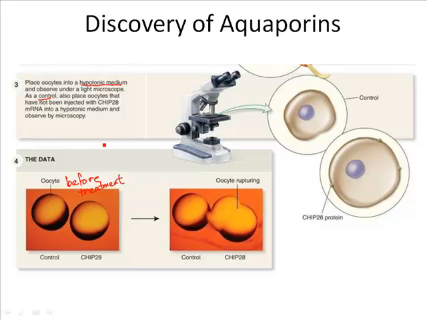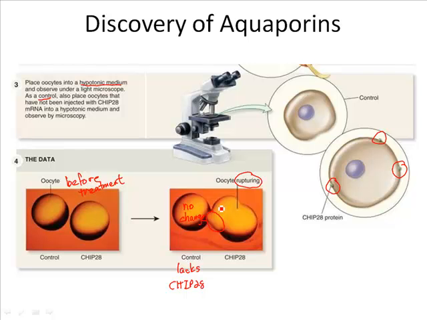Now, when we put it into a hypotonic environment, we notice there's no change in the control cell that lacks CHIP28. However, in the cells that have this protein CHIP28 in their membrane, we notice a pretty stark increase in size. Actually, such an increase in size that we can see here the integrity of the plasma membrane has been affected. And now we can see the oocyte begins to rupture.